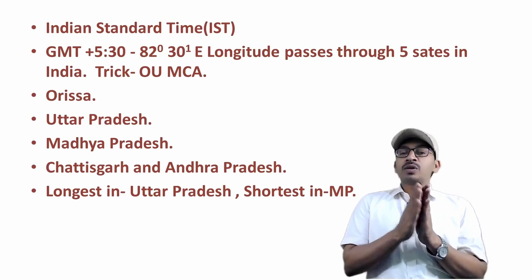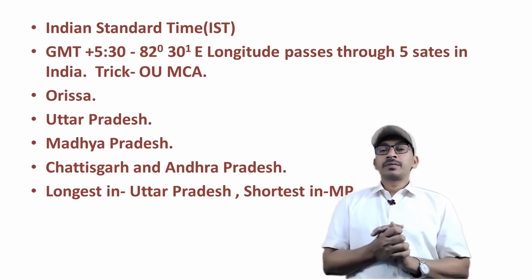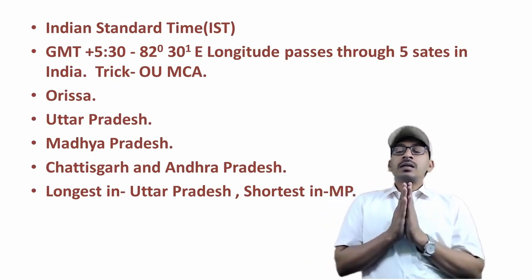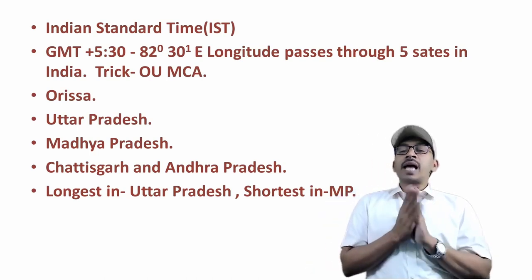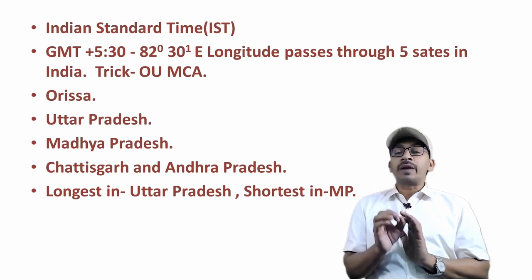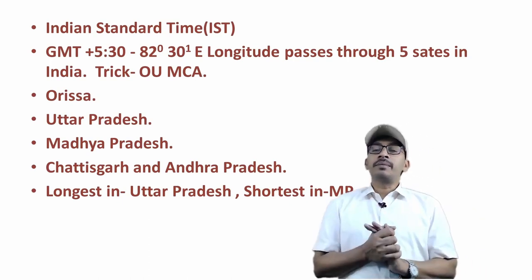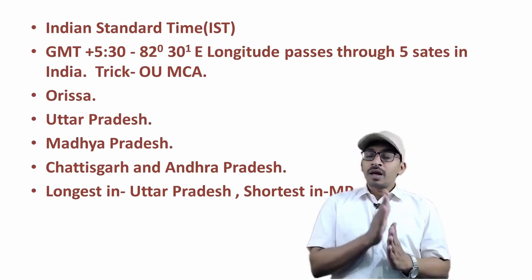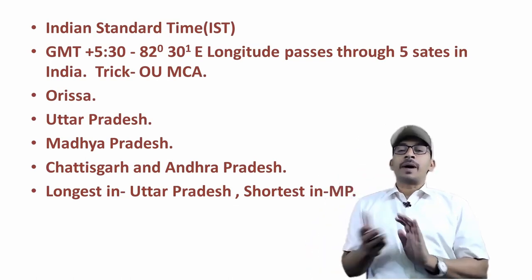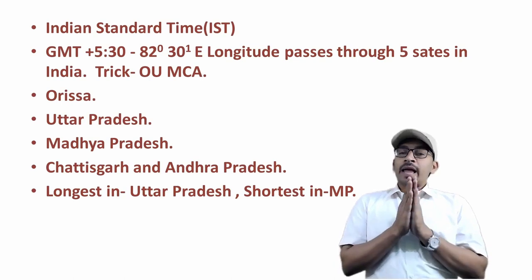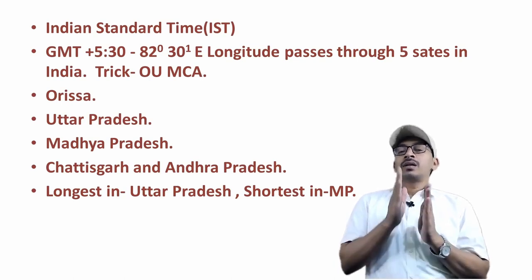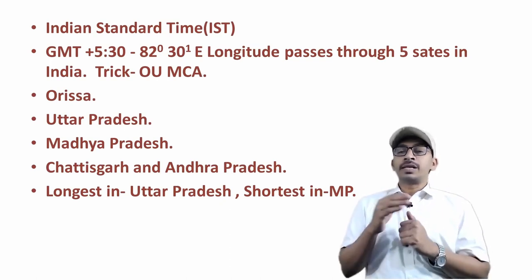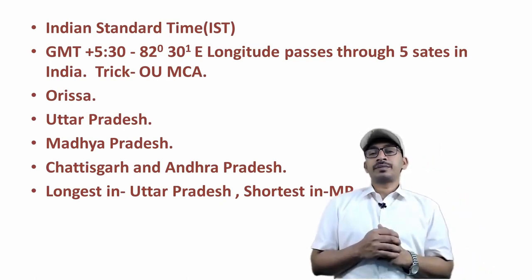As India is located to the east of the prime meridian, we are in positive time zones and Indian time is exactly 5.5 hours forward to Greenwich Mean Time. Why it is forward, how the time calculation is done, and how the time zones are divided throughout the globe will be discussed in the next part.